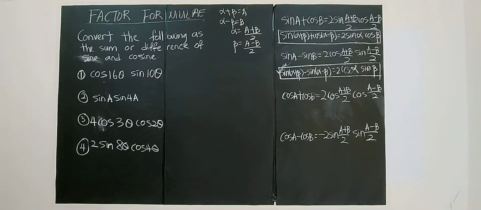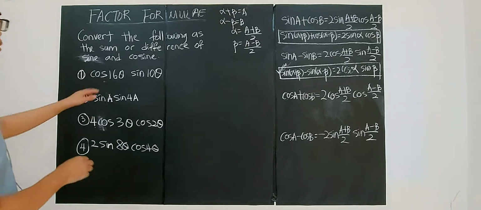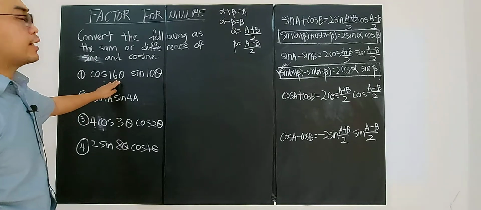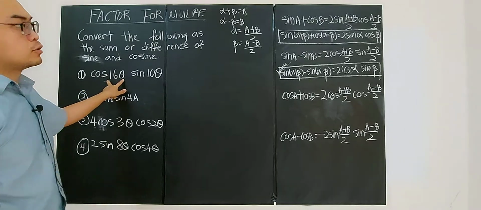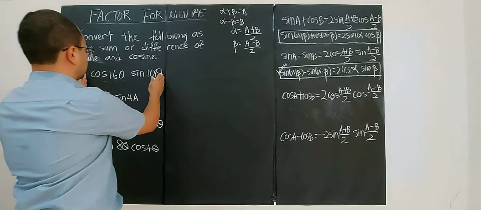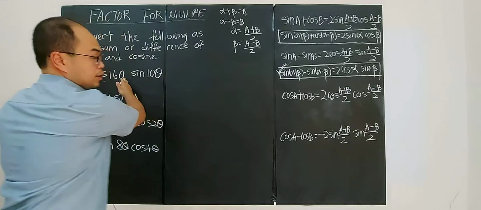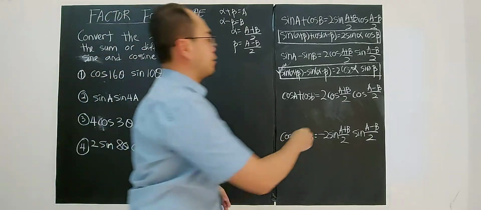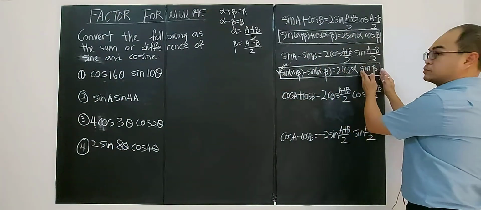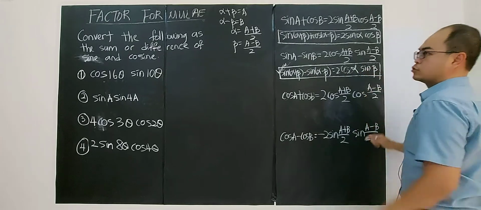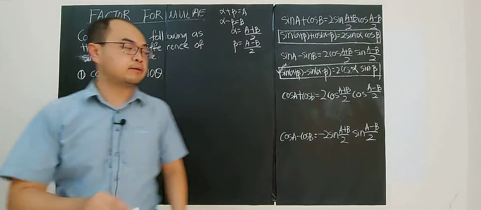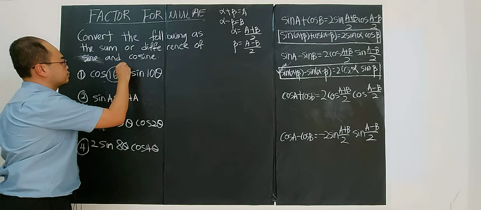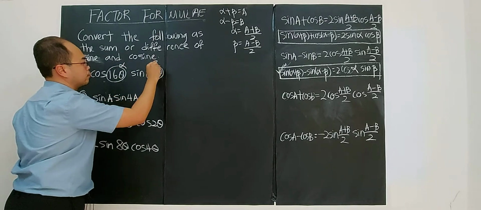Let's see. You have 16, and this will be your alpha now. If you compare with this formula, the cos multiplied with sine, you compare cos alpha and sin beta here. So from here you know that this is your alpha, and this will be your beta.